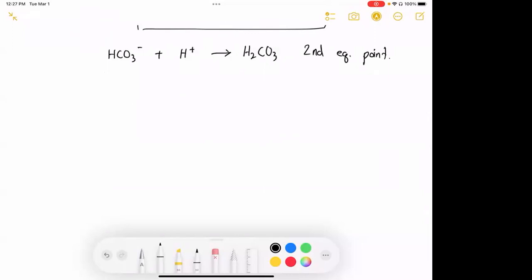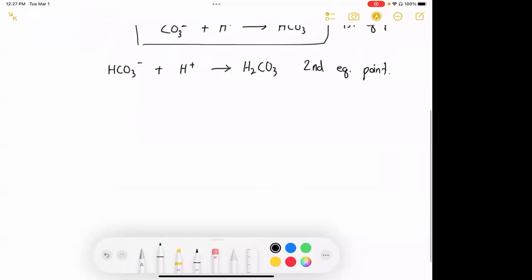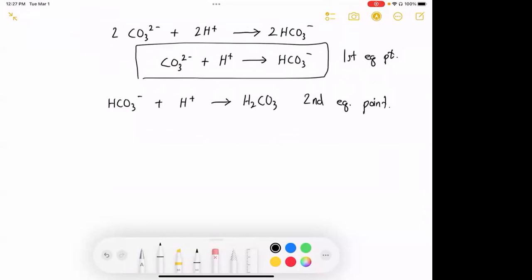So the second equivalence point is where we determine the bicarbonate ion right here. So what we do is we find the pH at this equivalence point, the pH at the second equivalence point.